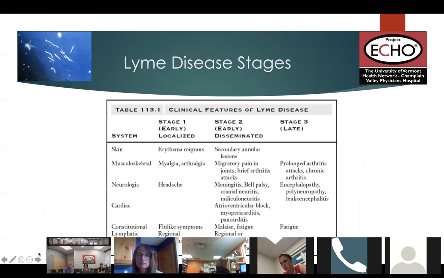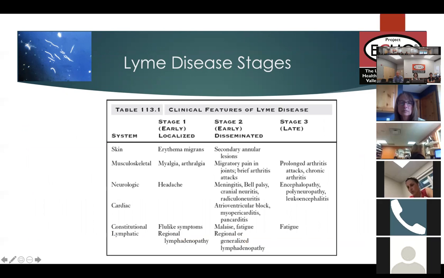Okay, so this is a table that I've shown you before. I'm sorry, it's not that easy to see, but you can basically divide Lyme up into different phases or stages. Early stage is basically the rash. Roughly 60% of the time people will just have a rash.